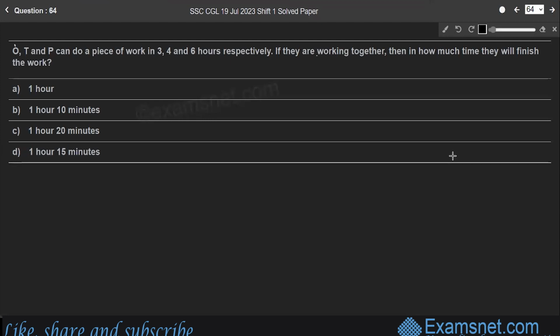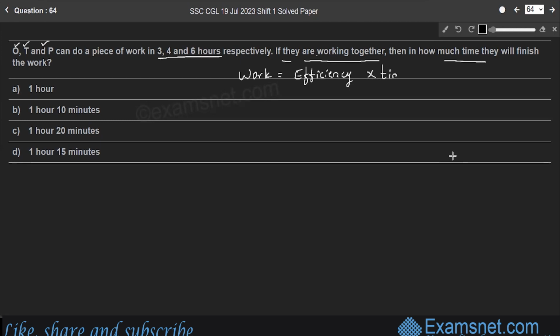Question 64. O, T and P can do a piece of work in 3, 4 and 6 hours respectively. If they are working together, then in how much time will they finish the work? Here, students, we are using the simple concept that work is equal to efficiency into time.